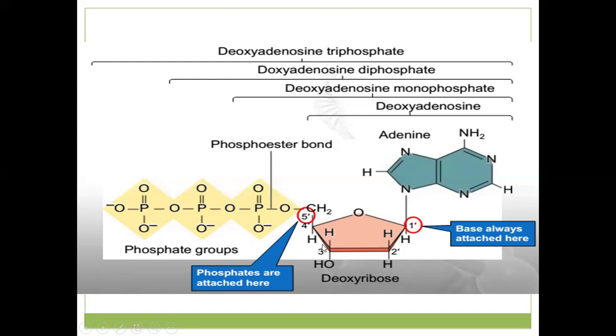So when you have many of these adenosine monophosphates, how do they come together, link to form a polymer? So you have this 3'. This 3' can also bind with another phosphate group from another nucleotide.